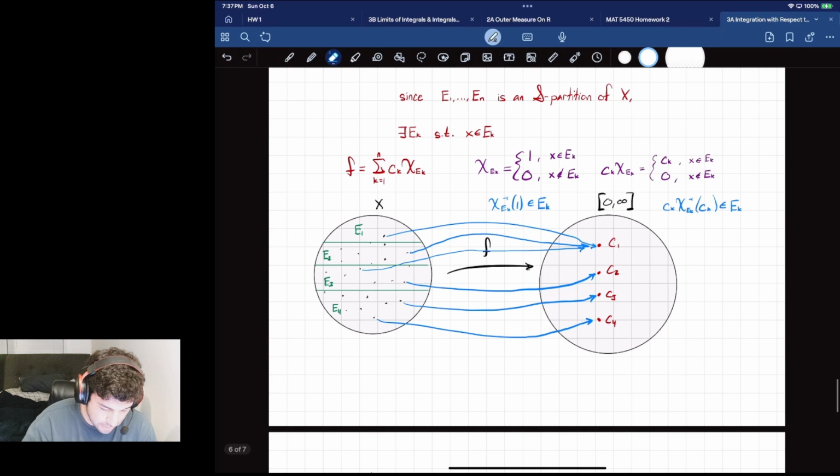So it doesn't even matter if they're equal.